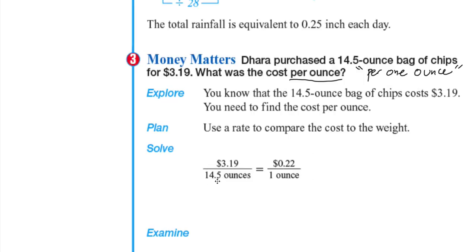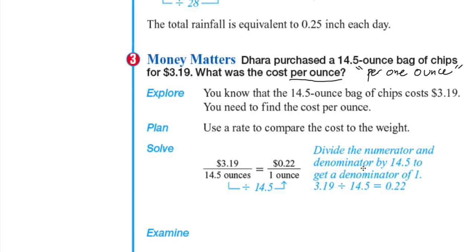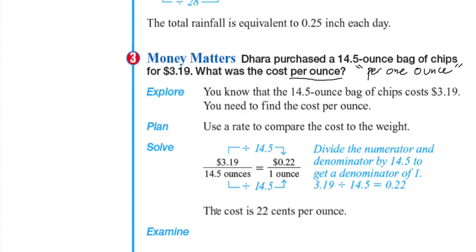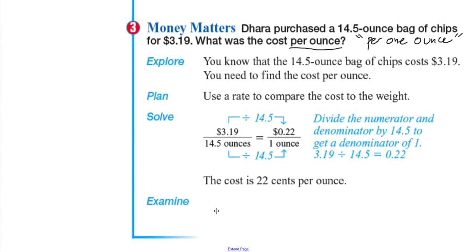To make 14.5 into 1, we divide by 14.5. That means we divide the numerator and denominator by 14.5 to get a denominator of 1. Then 3.19 divided by 14.5 will give you 0.22. So the cost is 22 cents per ounce. And if you want to check your answer, 0.22 times 14.5 is equal to 3.19. So the answer is correct.